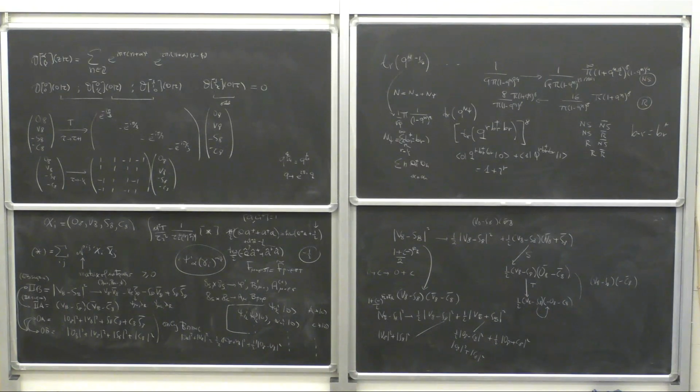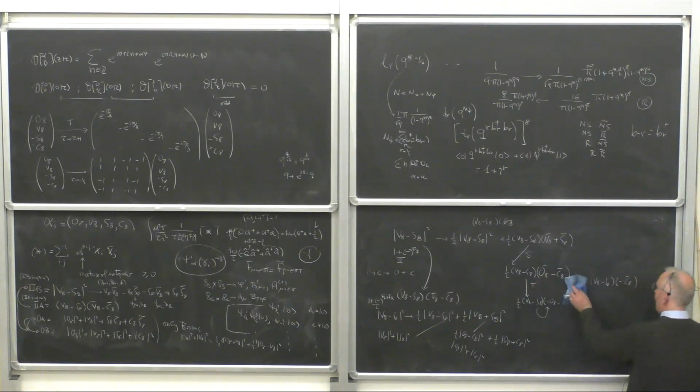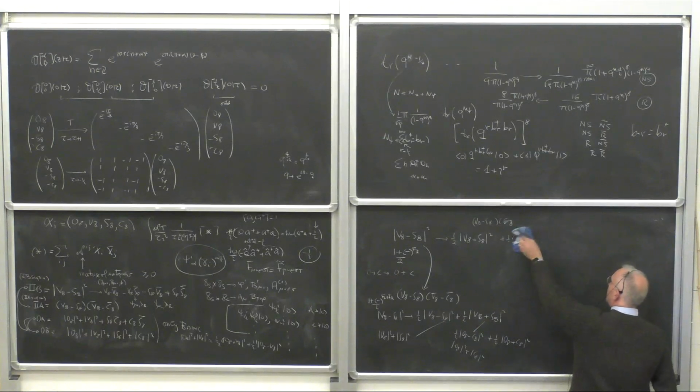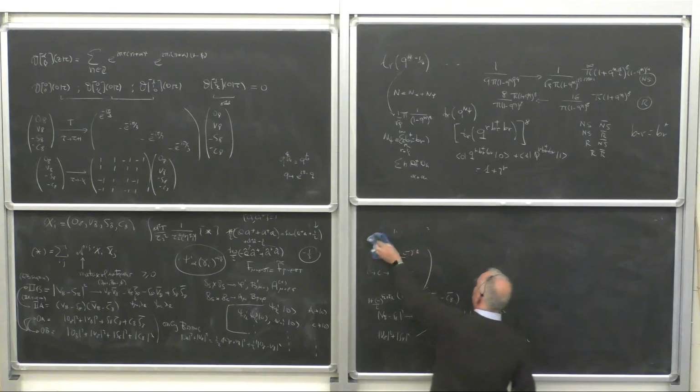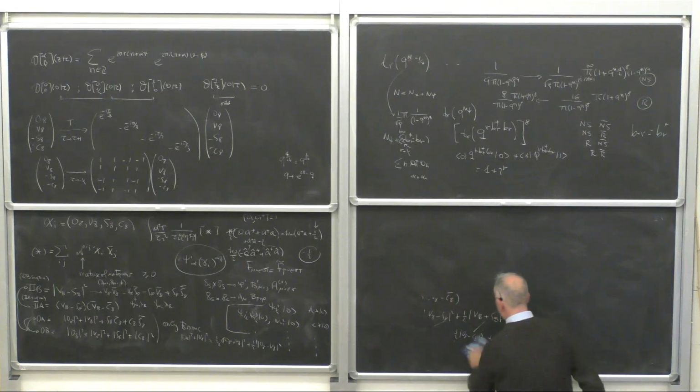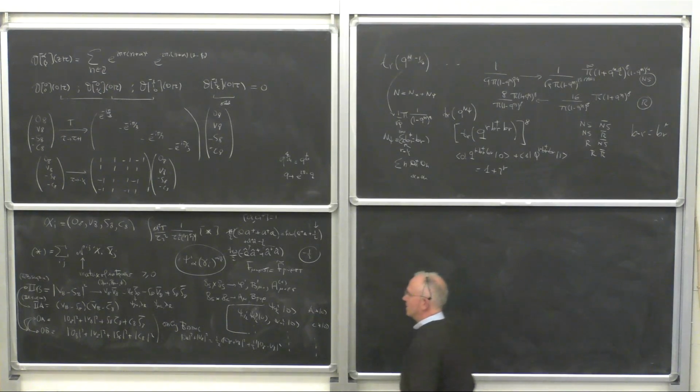Now how much time do we have? 15 minutes. Now, what happens is that in the mid-80s, Green and Schwarz computed gauge and gravitational anomalies in 10-dimensional string theories. At that time, the targets were the first two here.